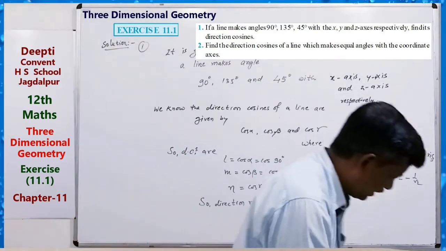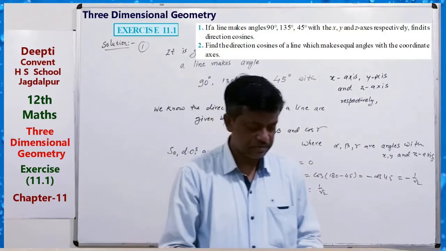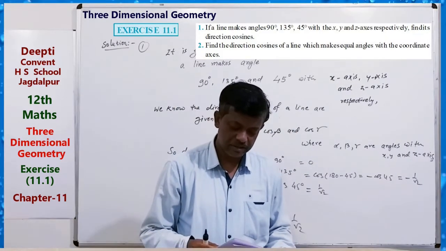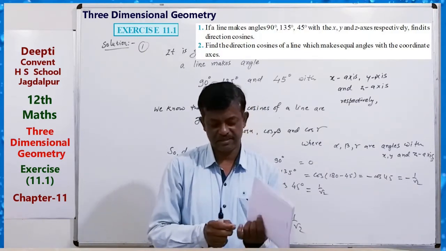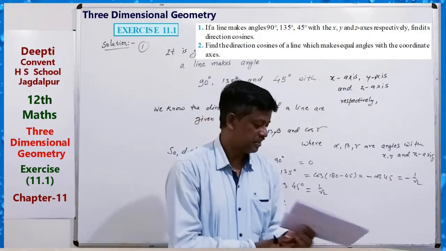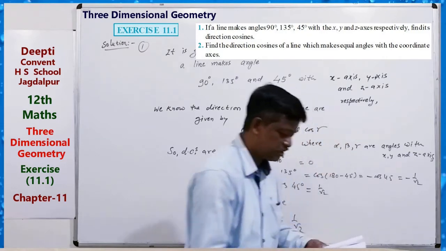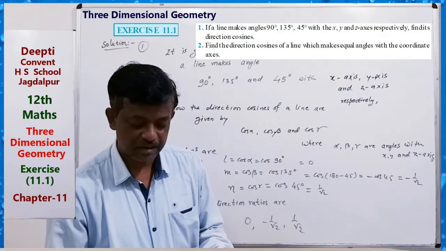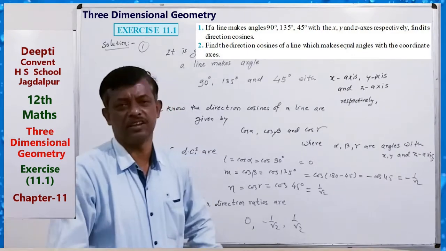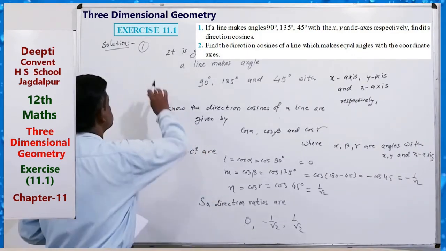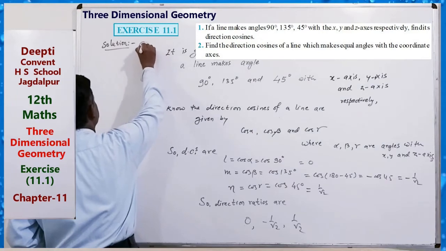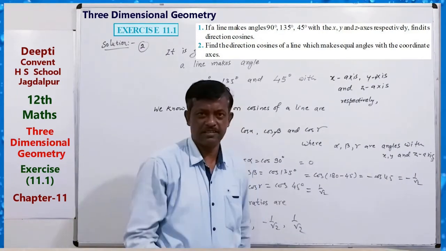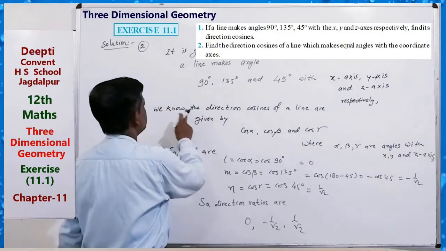Now question second. Find the direction cosines of a line which makes equal angles with the coordinate axis. Means all angles are equal. So here we can write the solution of the second.